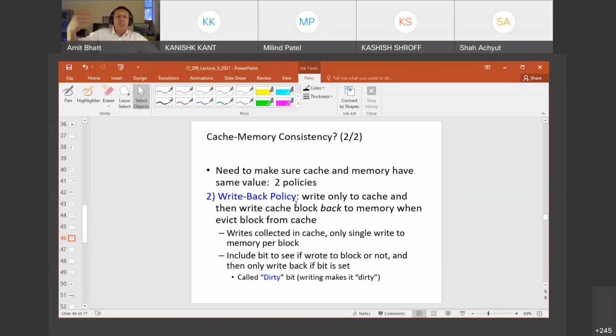Instead of that, you keep on changing in L1, and since this block is used so much, it will not have to be updated until the block exits. You exit the loop and you come out. Only then, sometime, some other block may want to replace it, and then you write it into L2 and L3 and main memory. So that way, write back sounds like a better policy, but then you have to have more hardware.